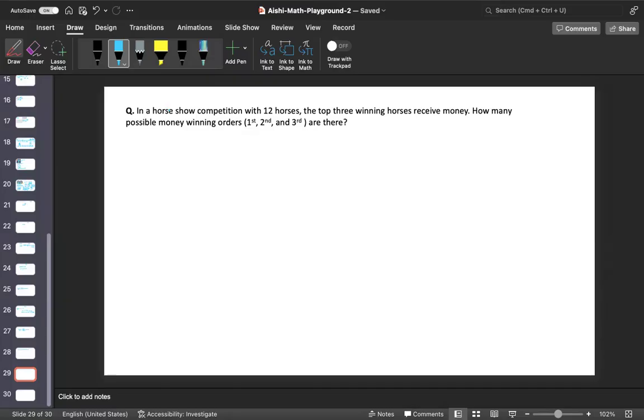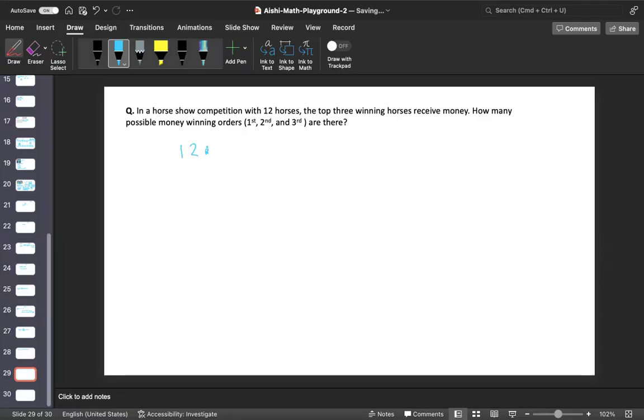Next question. In a show competition with 12 horses, the top 3 winning horses receive money. How many possible money winning orders, first, second, and third, are there? For the first place, we have 12 choices to choose a horse.